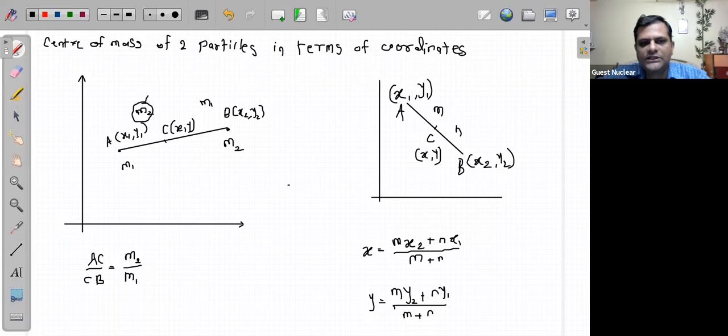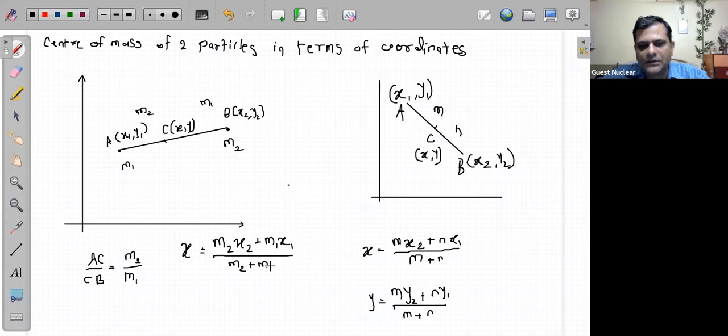So this m2 has to be multiplied with x2 and m1 has to be multiplied with x1, because C divides the line joining AB in the ratio m2 is to m1, and that's why we can get the x coordinate of the center of mass to be simply equal to m2 into x2 plus m1 into x1, and that is to be whole divided by m2 plus m1.